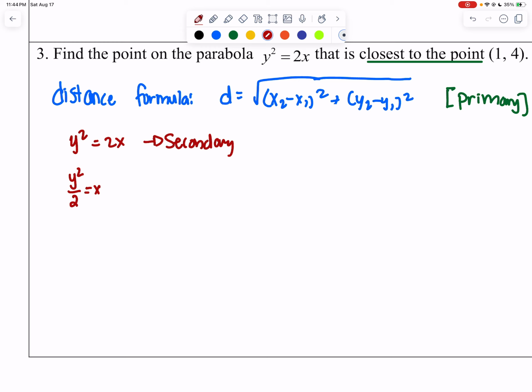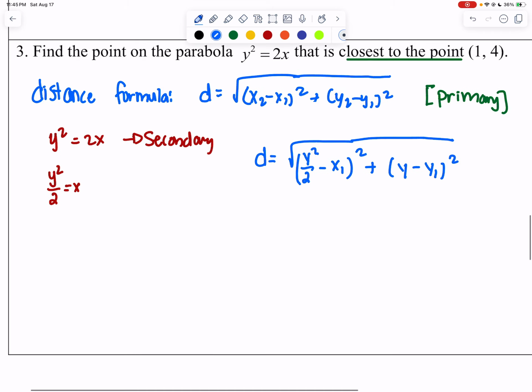So with my primary equation, I'm going to have now d is equal to the square root of y squared over 2 minus x1 squared plus y minus y1 squared.